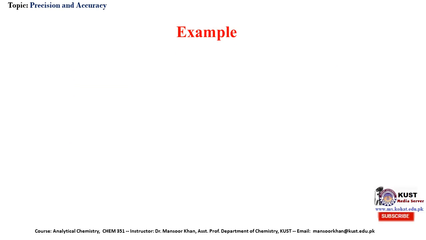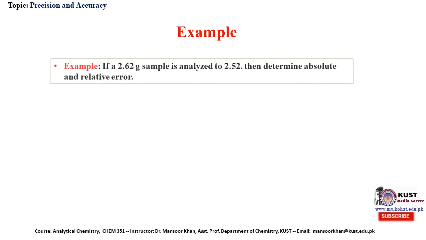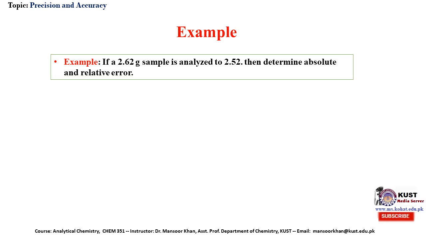This slide shows an example which will explain both absolute and relative error. The statement of the example is, if a 2.62 gram sample is analyzed to be 2.52, then determine absolute and relative error.